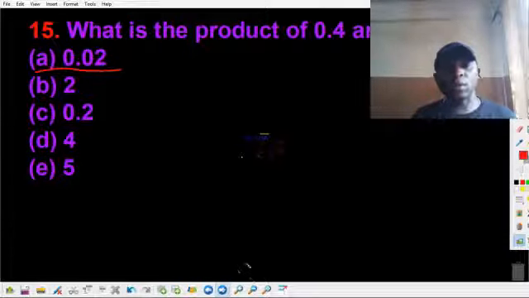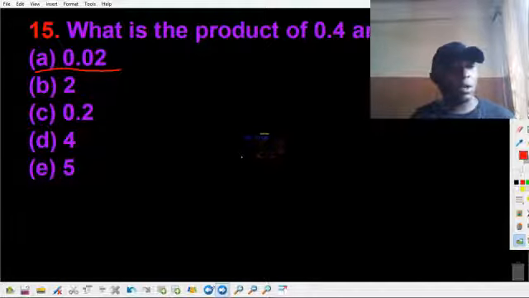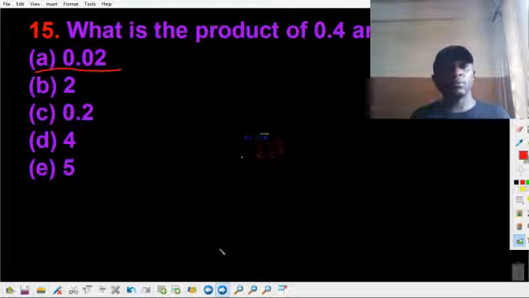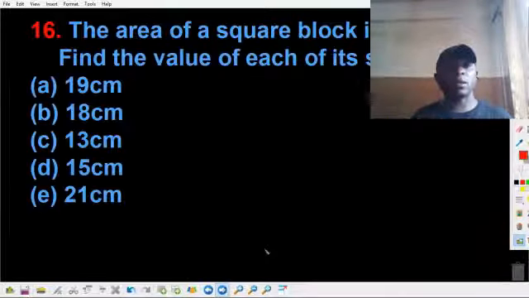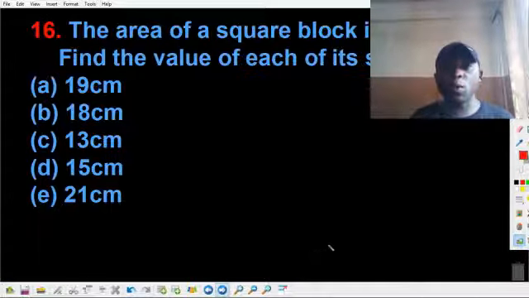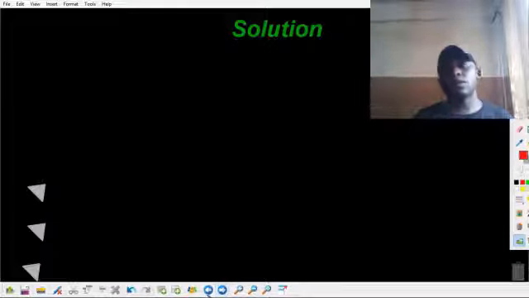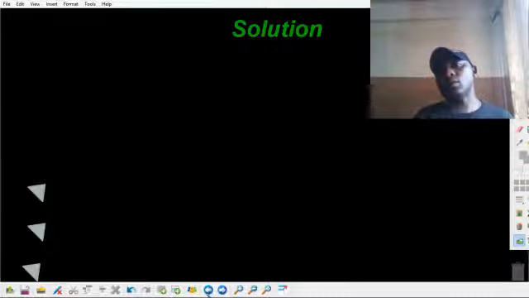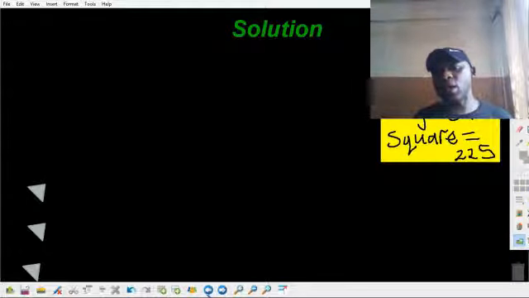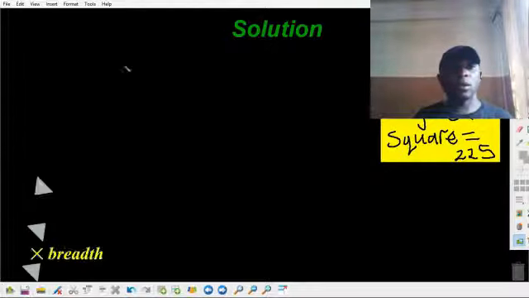Now let's look at number 16. The area of a square block is 225 centimeters. Find the value of each of its sides. Now let us look at a square. Here the area is given as 225 centimeter.